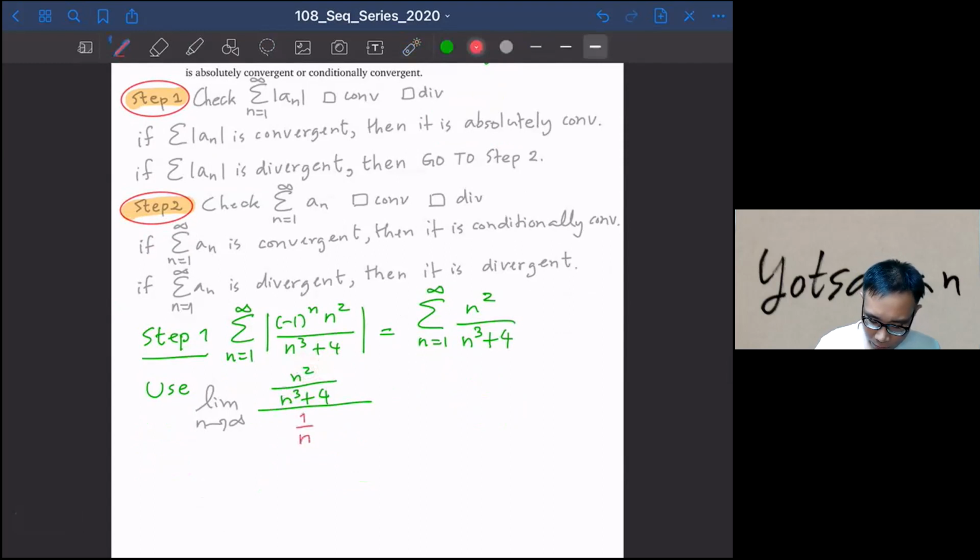So you have n squared over n cubed plus 4 divided by 1 over n, and this limit is equal to 1, not equal to 0. I'm going to say more than 0.